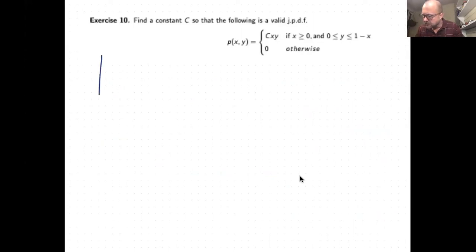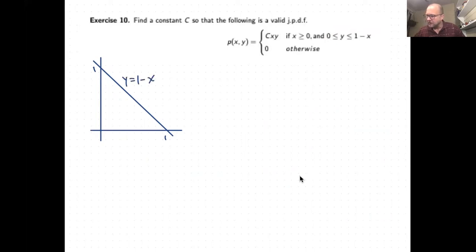So with regard to this, it does say we want both x and y to be greater than or equal to 0. So we're in the first quadrant, and we want to be under the line. Didn't draw that very well. We want to be under this line here of 1 minus x. So if we make 1 be both the x and the y intercepts, we've got a slope of -1. So y equals 1 minus x is that portion there.